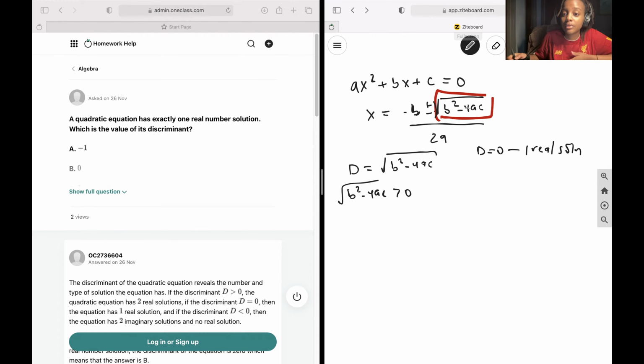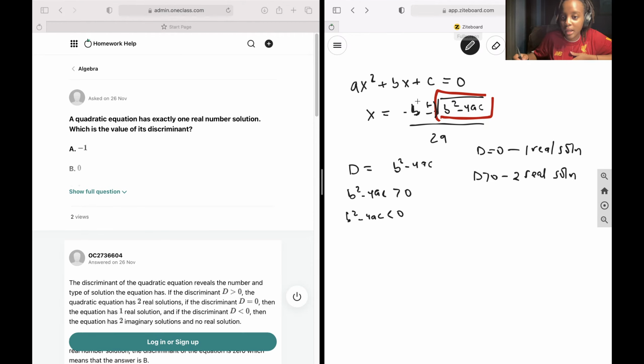Now let's check what happens. Sorry. The discriminant is only what is inside of the square root. That is what we're discussing here. Okay, so now let's check when d is less than 0. So b squared minus 4ac is less than 0. That means that we're taking the square root of a negative, and that would give us complex numbers.